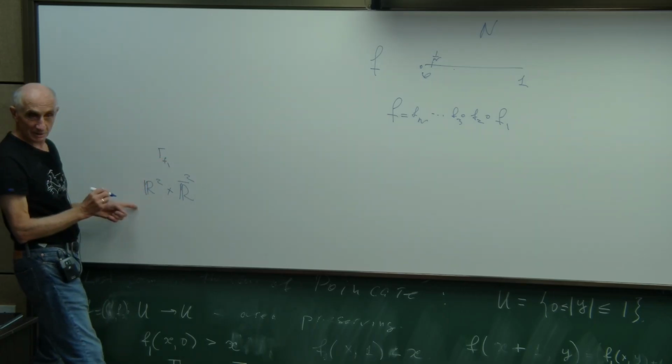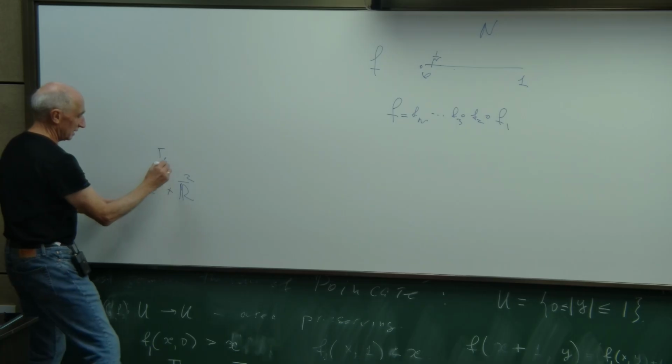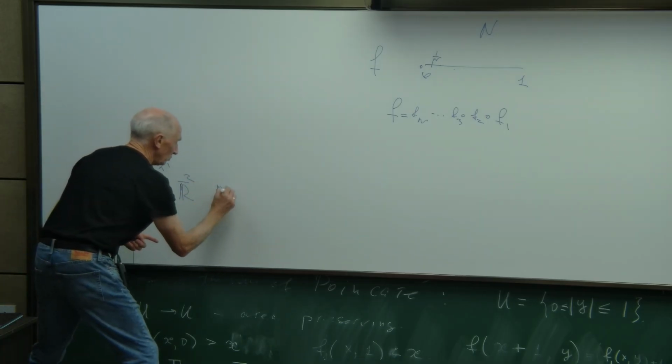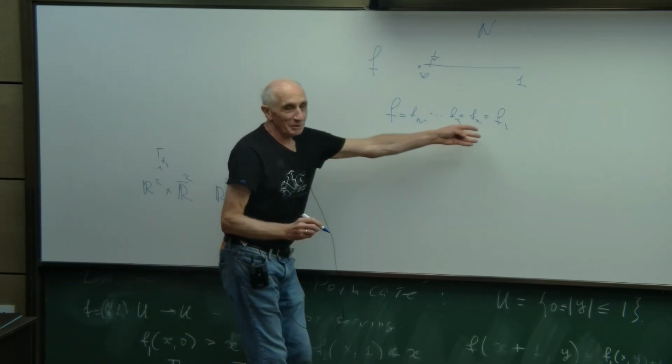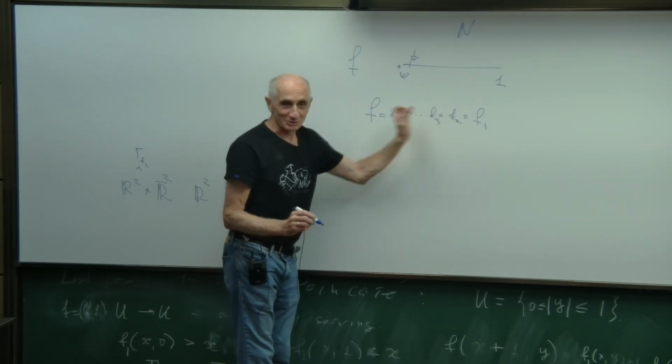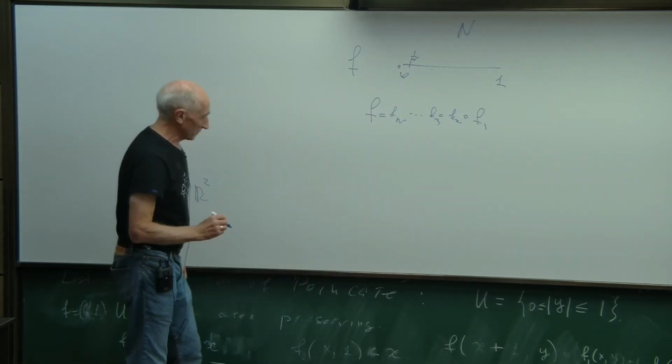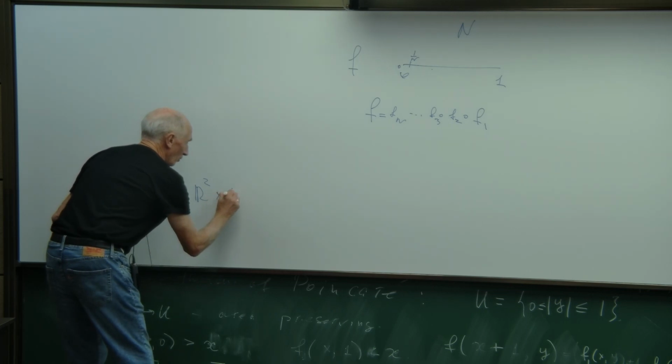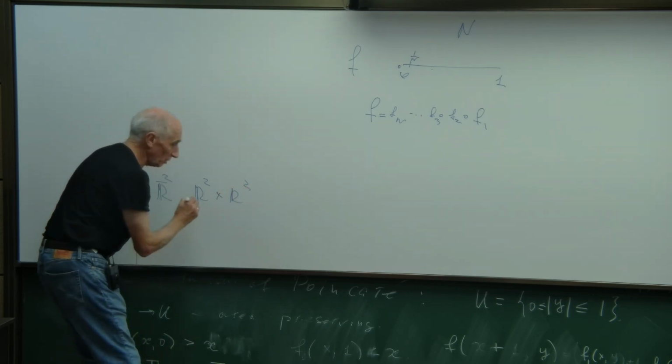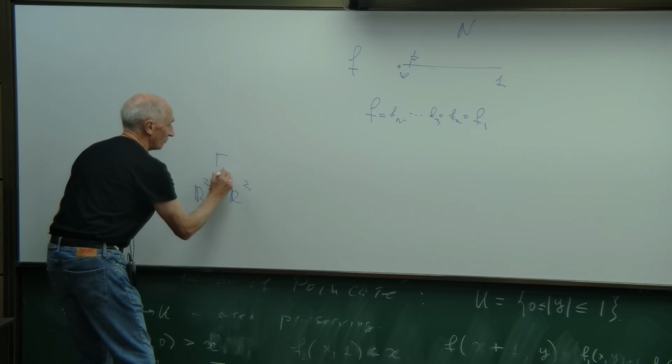It lives in this one. Then I take another copy of R2 times R2, and here you have the graph of F2. Let me just do it for the case of two, but the same argument works in general.